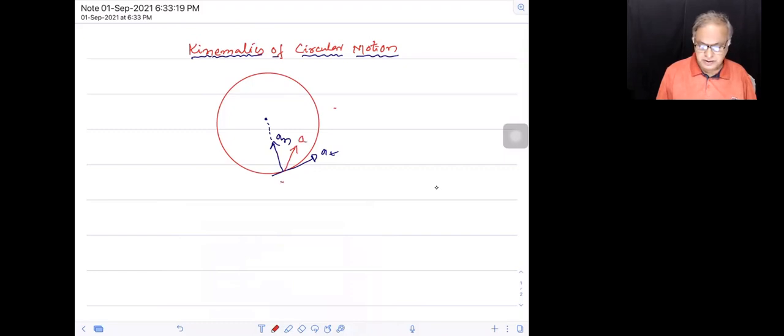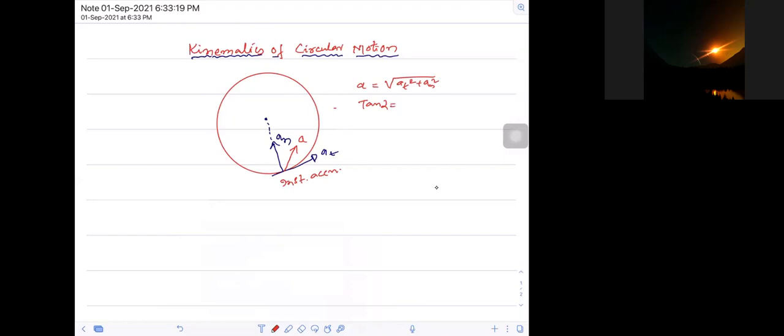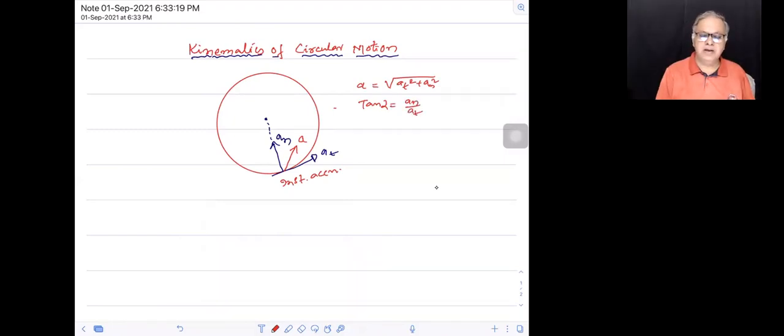This is the instantaneous acceleration, that is acceleration at this instant. Right? And what did you say? This A can be written as what? Root of A tangential square plus A normal square, and tan alpha equals A normal by A tangential. I'm giving the summary of what we did until now.